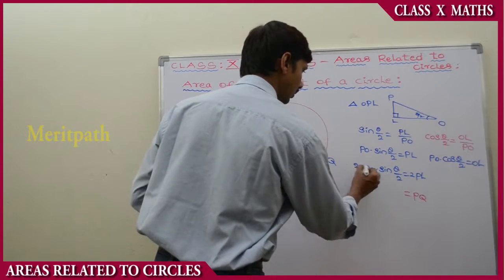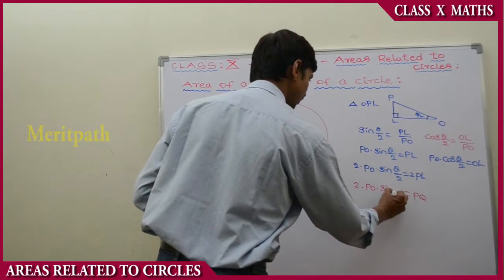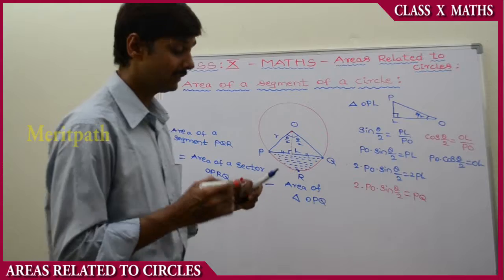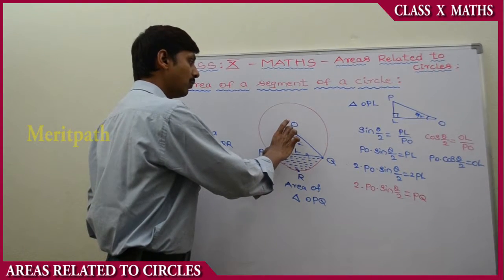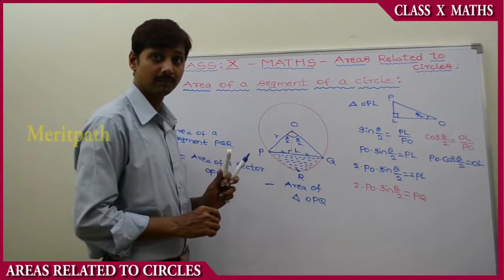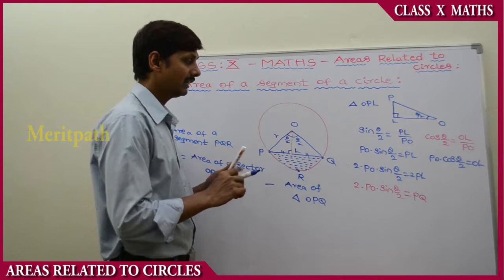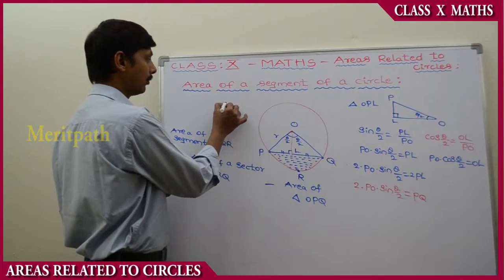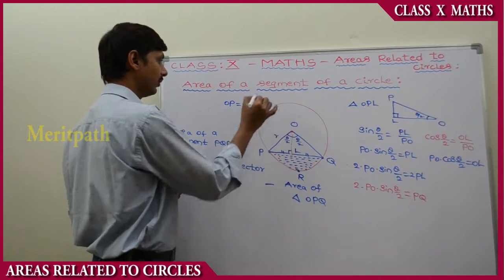So 2 into PO into sin theta by 2, same as it is, we can write it. But we can observe that OP or PO is the radius of the circle. So when we take OP as radius R, OP or PO is equal to the radius of the circle.